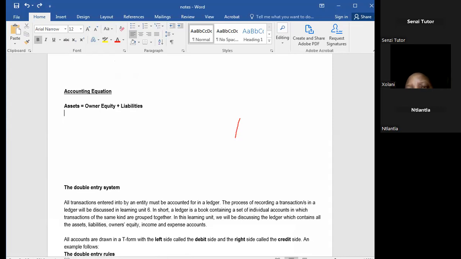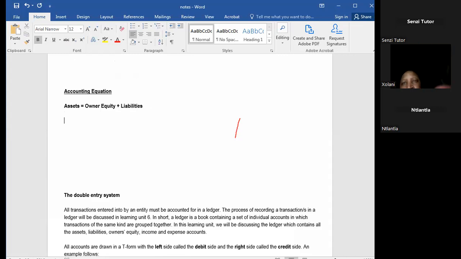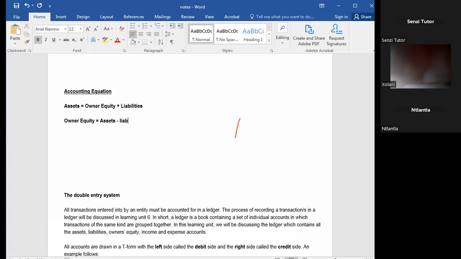All right. And then the fact is that we can see whether I may be correct if I'm saying owner's equity equals assets minus liabilities. The answer is yes, I'm correct.